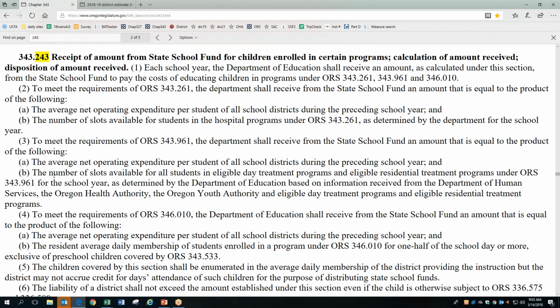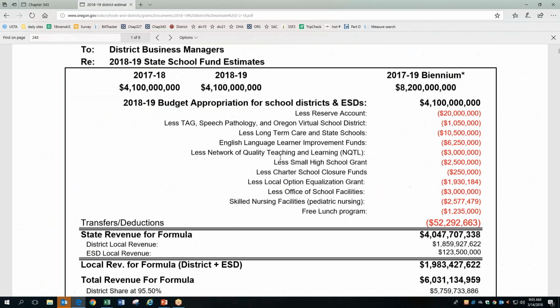Net operating expense times the slot count and so forth. And then for 18-19, the state school fund, they allotted for long-term care treatment, state schools, and I believe hospitals. All three of us have to share the 10.5 million carve out from the 4.1 billion state school fund amount.